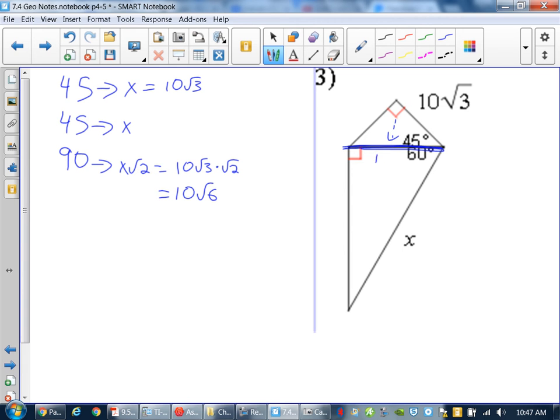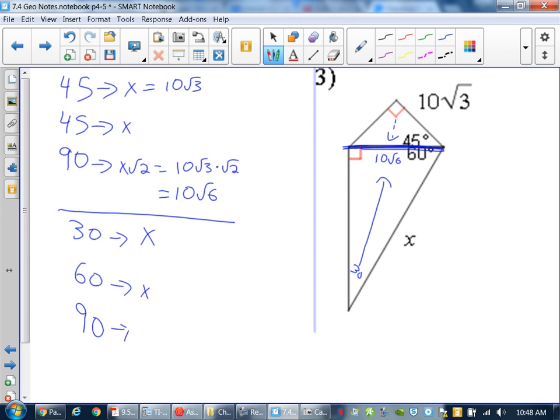So now that's 10 root 6. It's now in a new triangle. That 10 root 6 is now opposite which angle? It's opposite a 30. So I do it again. I know that value is 10 root 6.